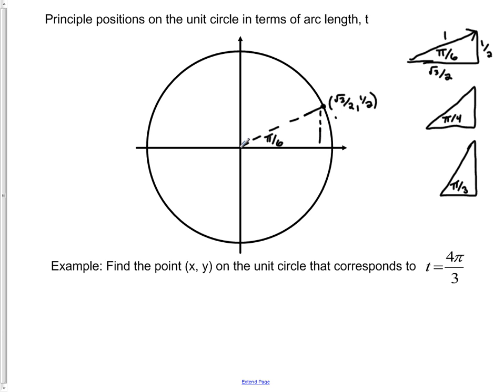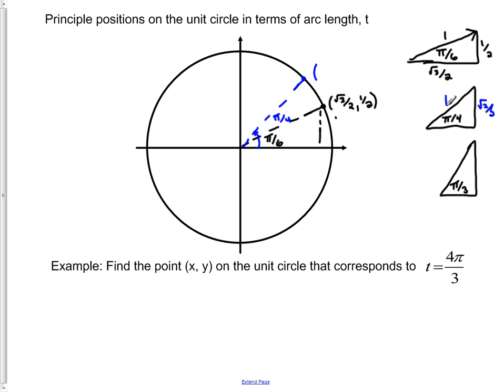Likewise, we can keep going right here and say, well, if we were talking about the angle pi over 4, we know that that means that that angle of pi over 4 to here corresponds to a right triangle in which the ratio of the opposite to hypotenuse side is radical 2 over 2.